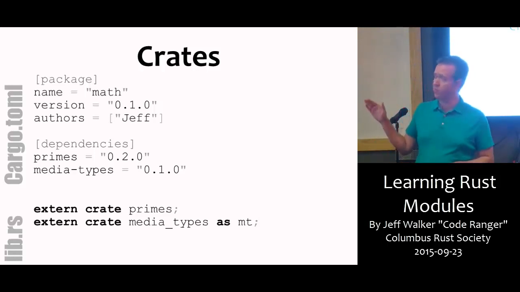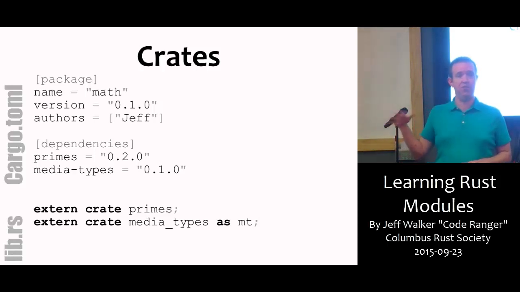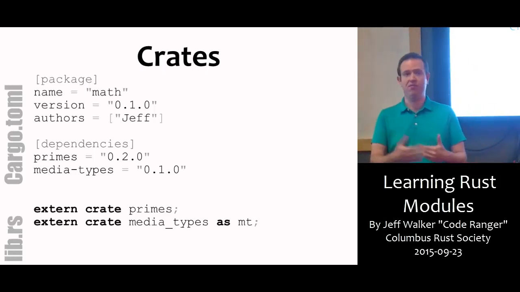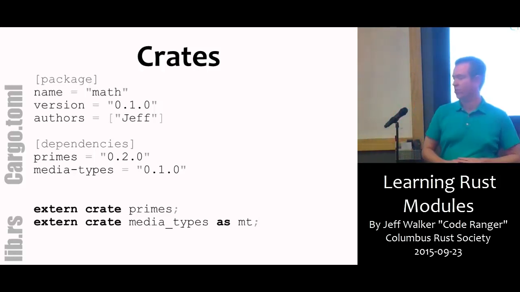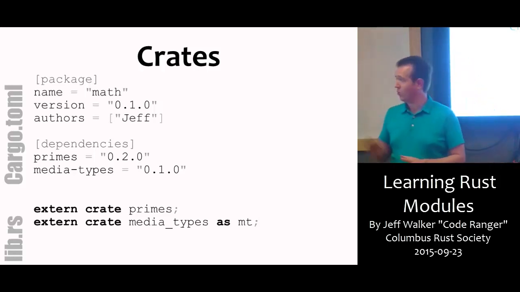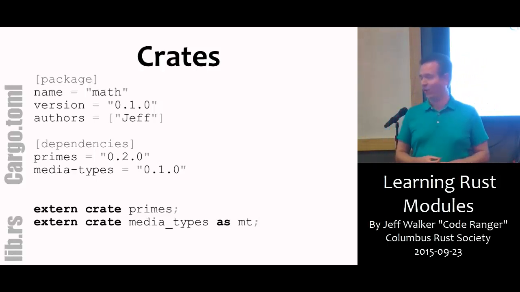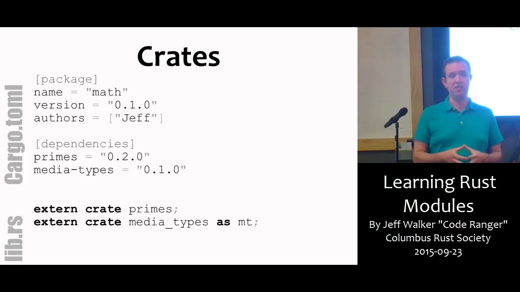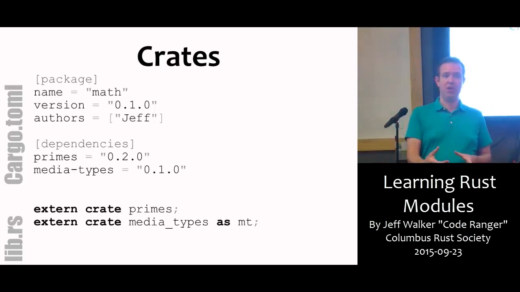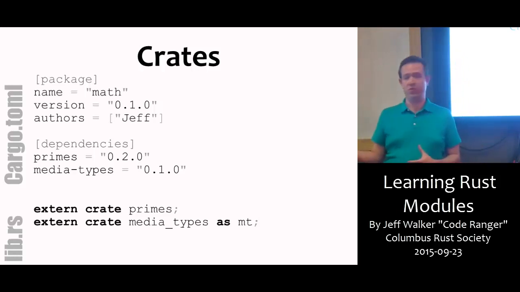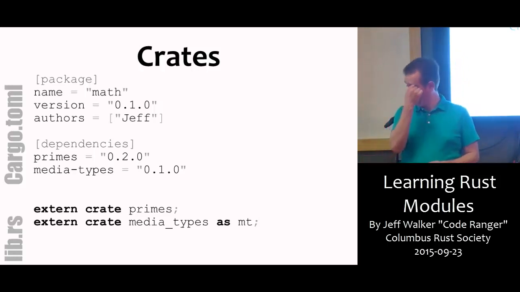And we can actually specify more complex version requirements. So we could say, I want this version and up, or I want something in this range of versions and so forth. But for simplicity's sake, I just went with a specific version. So when we build our crate, Cargo is going to go out, download those crates from crates.io, and then reference them from our crate.